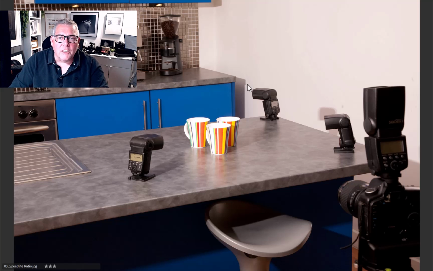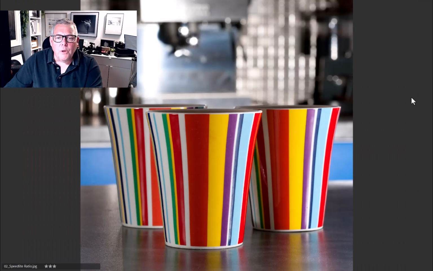Now it's called really a controller flash. And then we've got a flash on the left hand side. As you can see, we've got a flash on the right hand side, that's here. And then you've got obviously your other flash, which is light in the background for separation. So if we were looking back at the last photograph, it means that the flash on the right hand side has a higher number in ratio compared to the one on the left hand side.